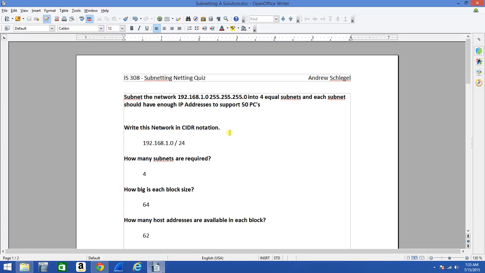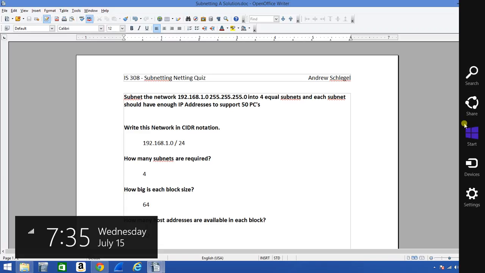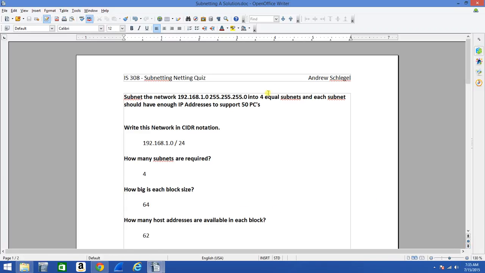All right. So if I'm doing 4 equal subnets of 50 PCs, it's telling me 4 equal subnets, so I have to do 4 equal subnets. So what's 256 divided by 4? 64. That's the block size. So do 50 PCs fit in the space of 64? Yes.